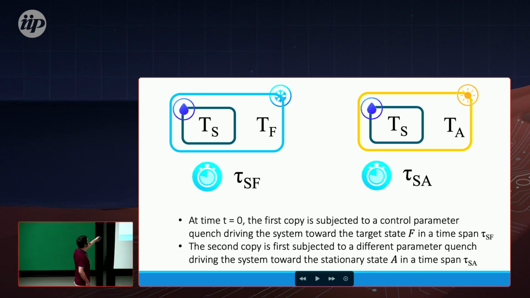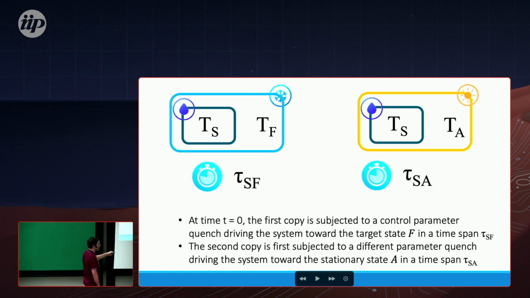So we want this cold water to freeze, and it will take some time, tau, from the starting to the final point. The other copy of the system is not directly connected to the freezing environment, but it is connected to some other, auxiliary environment, for example a fire or the sun, that in principle will change the state of this system in a time given by tau SA.